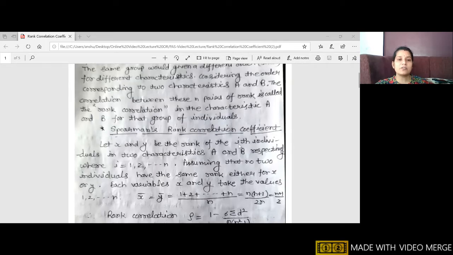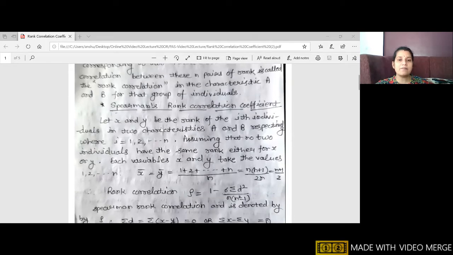What is the correlation coefficient? Let x and y be the rank of the ith individual in two characteristics A and B respectively, where i is equal to 1, 2, up to n, assuming that no two individuals have the same rank, either for x or y.